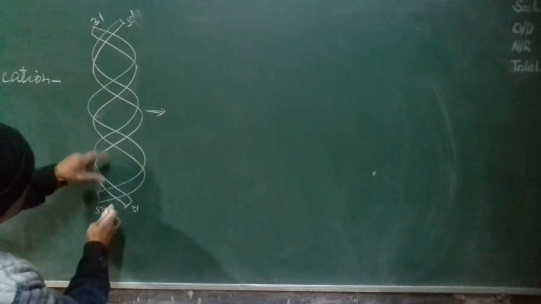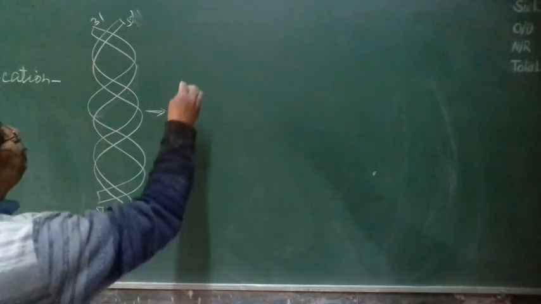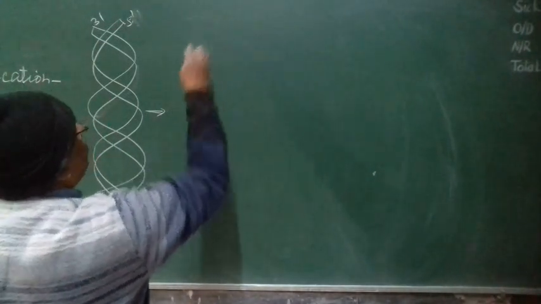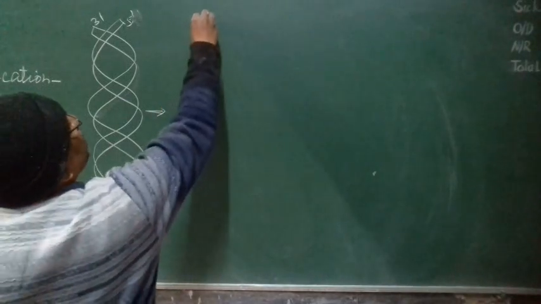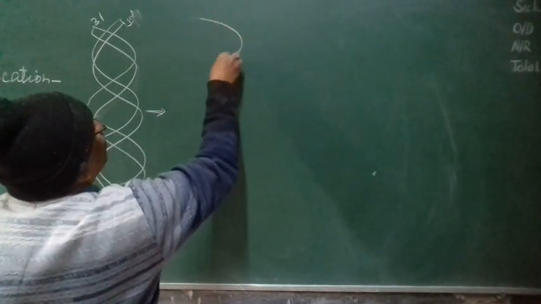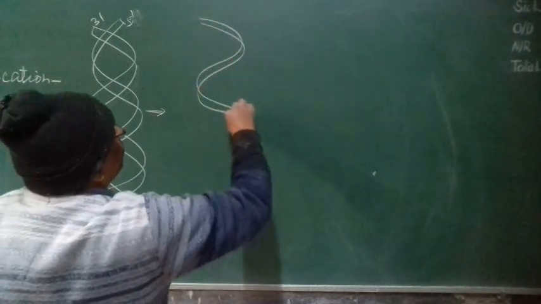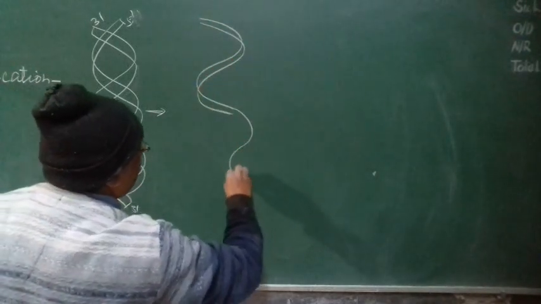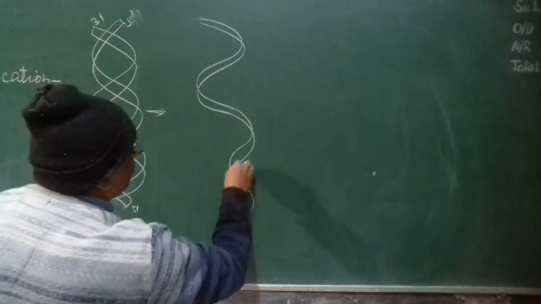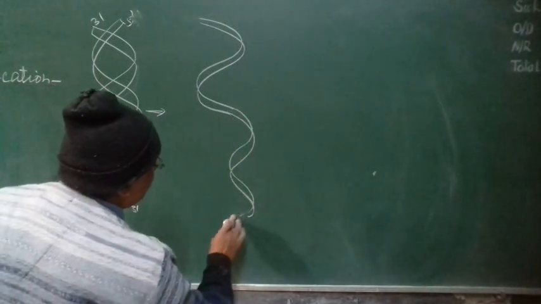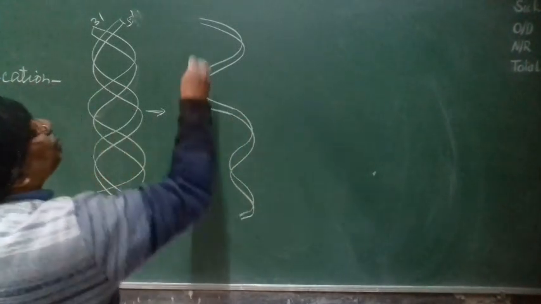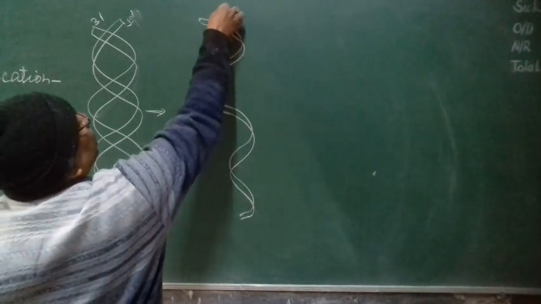During replication, this helix will partially open in the presence of helicase enzyme. So here this helix partially opens with the help of helicase enzyme.